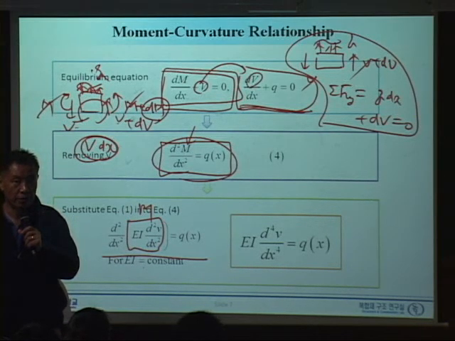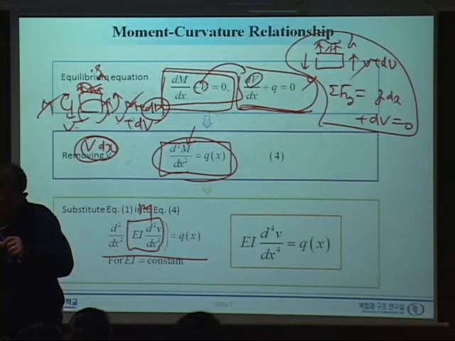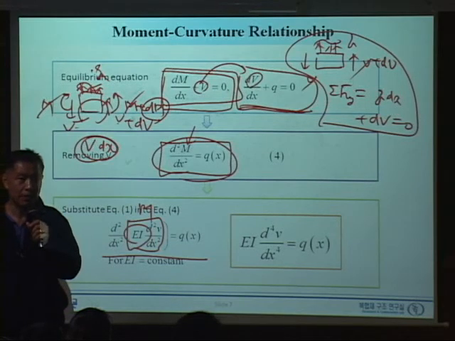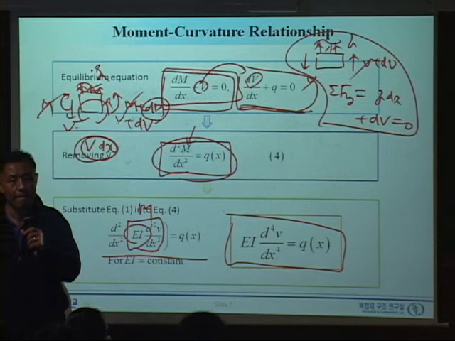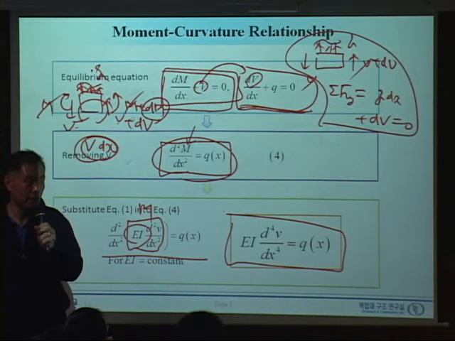Fourth order differential equation. And if EI is a constant, then EI can come out of these differential equations, and you get this. Okay? So this is the final equation.